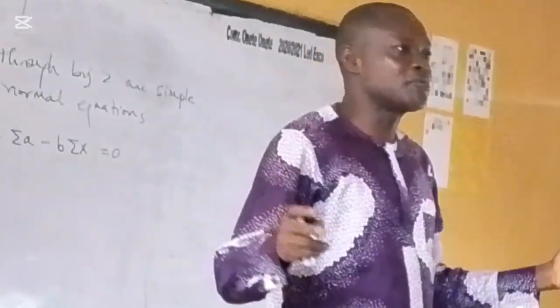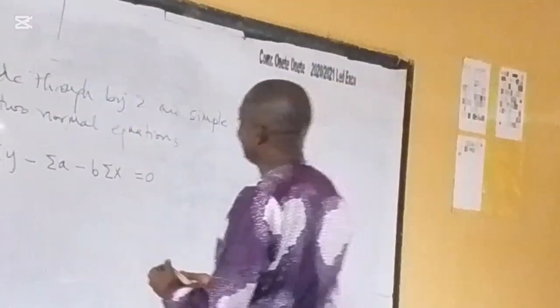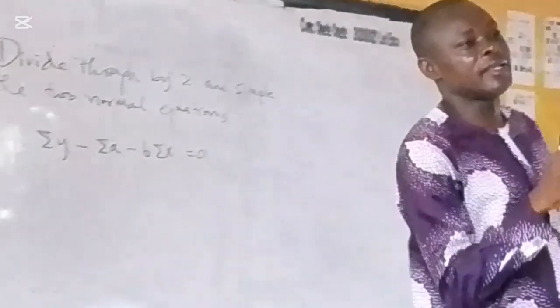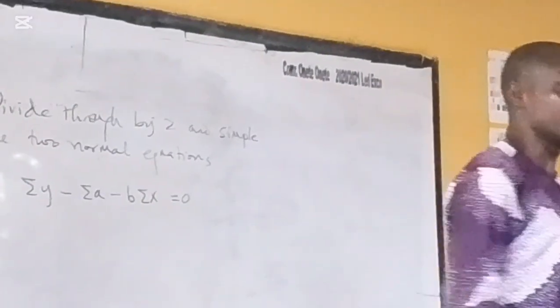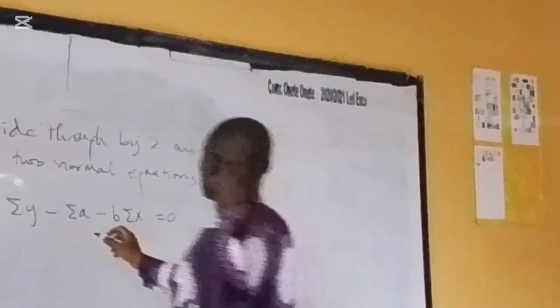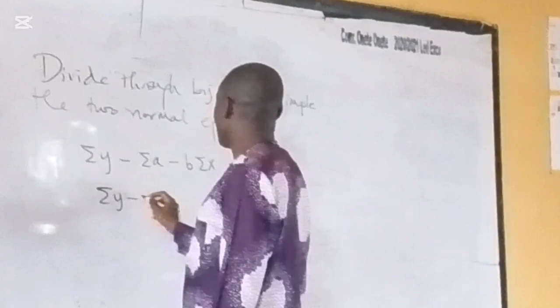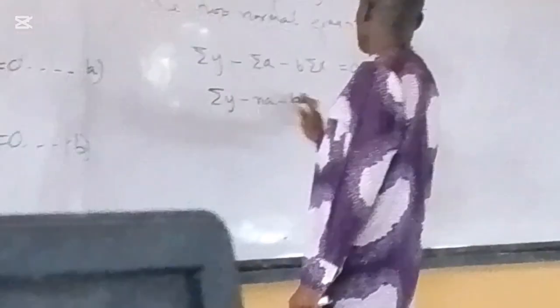If you sum it n times, it becomes n times A. N is any number at all. If we decide to say n is 2, we make it 2. If we say n is 4, we make it 4. N is whichever number. So summing this one becomes sum of y minus nA minus B sum of x.